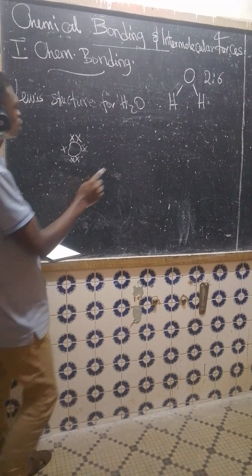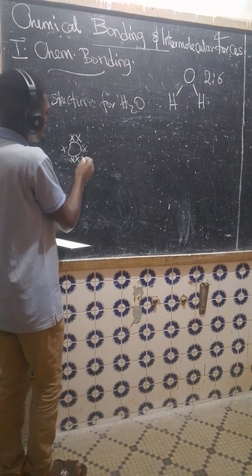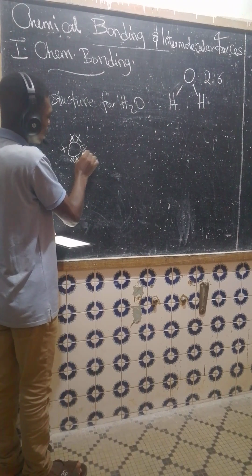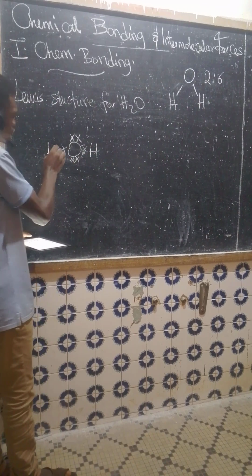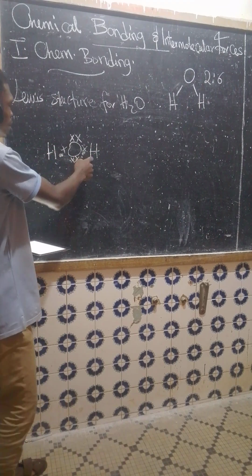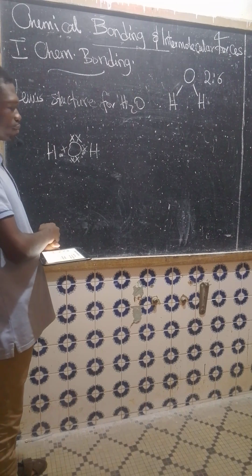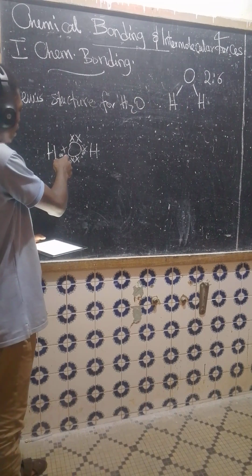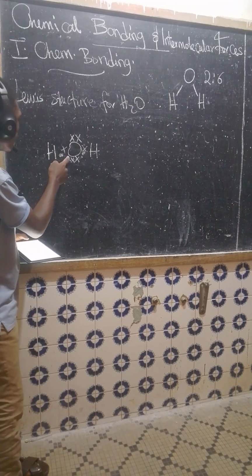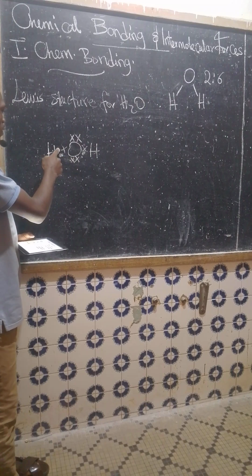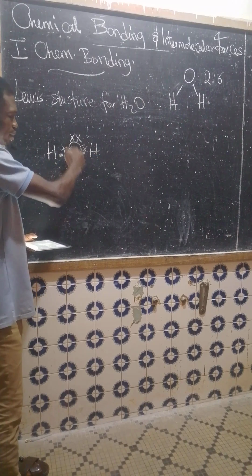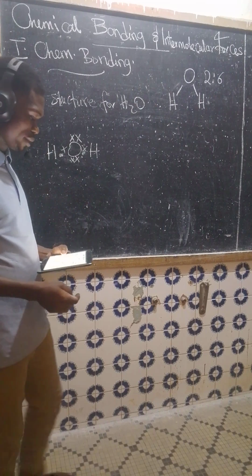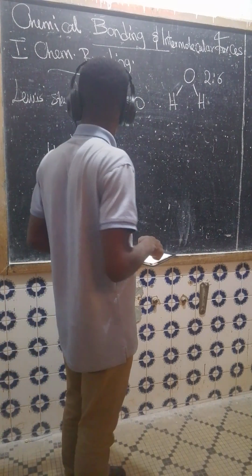Now, hydrogen is coming to share its 1 electron with this. Another hydrogen will also come here and share. At the end, this is water. If this one came with 1 electron and shared, it is stable. It has 2 electrons. This one, 2 electrons. This one now has 8 instead of 6. And then it's now stable.